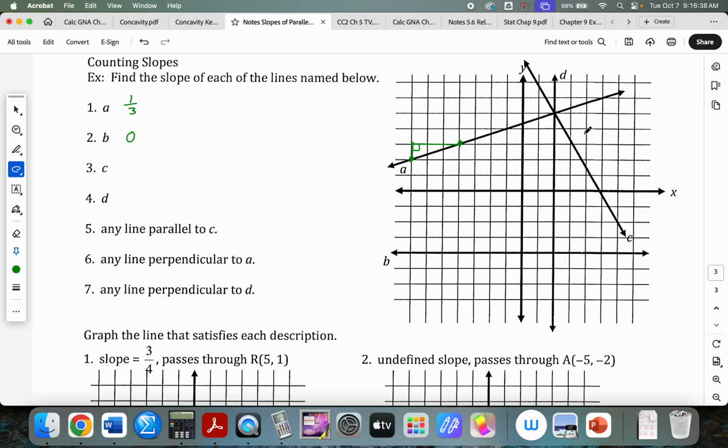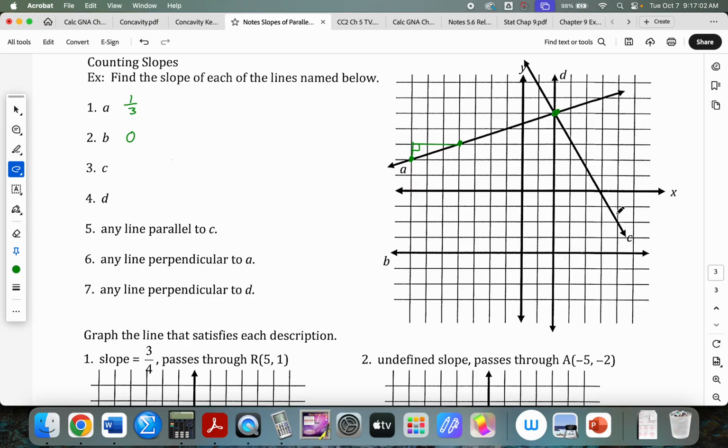For line C, be careful of things that aren't quite lattice points. Like look at this one right here. Do you see how that doesn't quite hit the corner? It's real easy to look at it too quick and go, oh, that's a lattice point. It's not. This is a lattice point here.